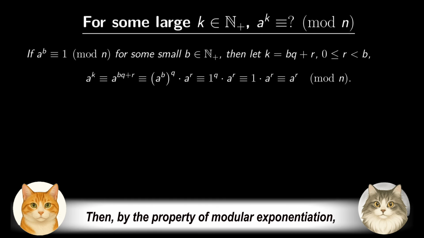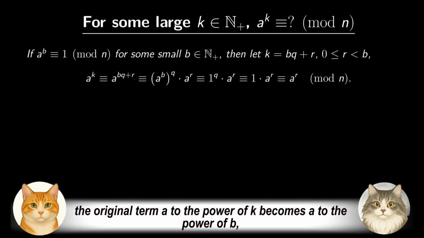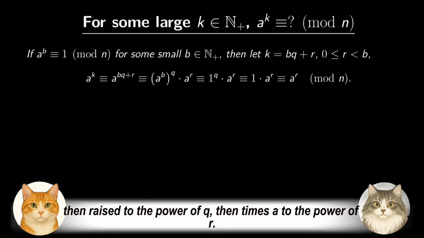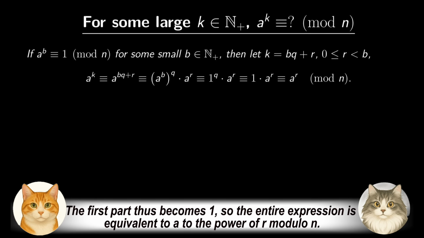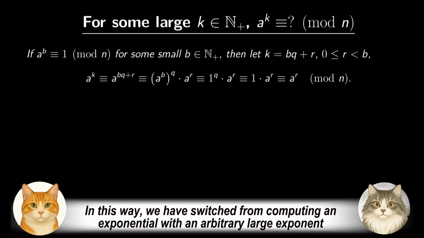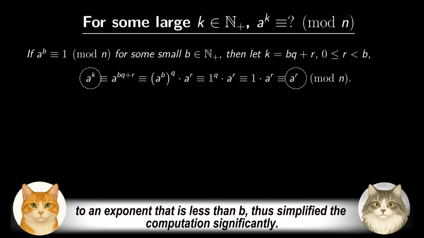Then, by the property of modular exponentiation, the original term a to the power of k becomes a to the power of b, then raised to the power of q, then times a to the power of r. The first part thus becomes 1, so the entire expression is equivalent to a to the power of r modulo n. In this way, we have switched from computing an exponential with an arbitrarily large exponent to an exponent that is less than b, thus simplifying the computation significantly.